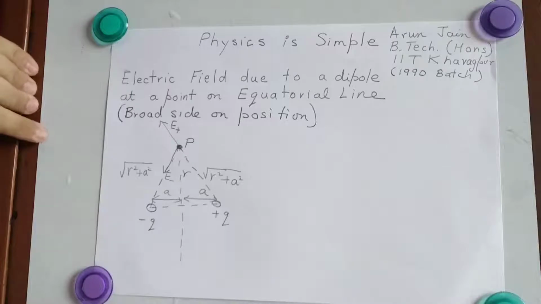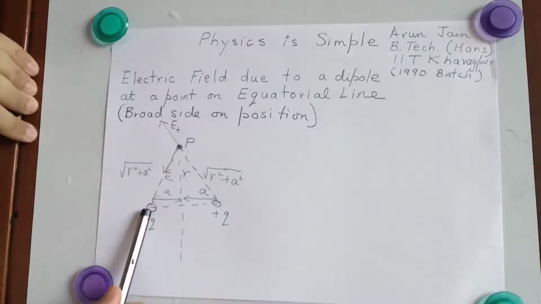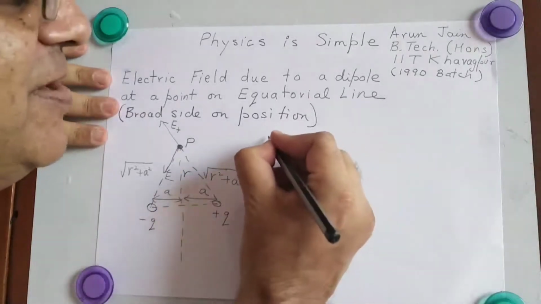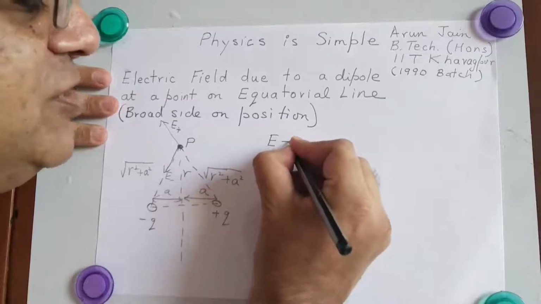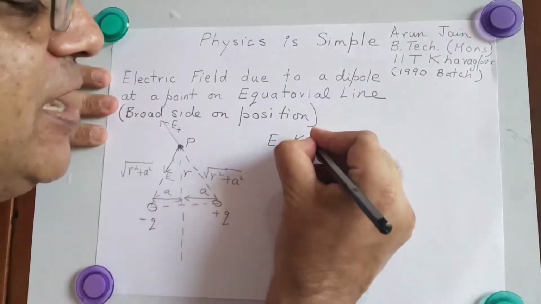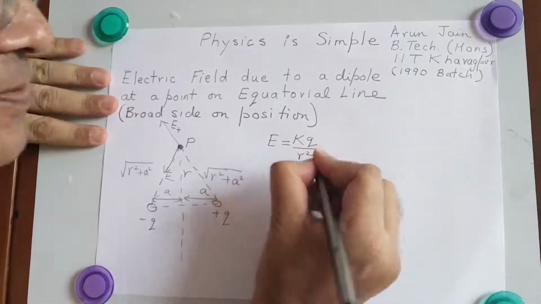Therefore, the magnitude of the electric field due to this charge alone and this charge alone will be same, and that is given by K, which is Coulomb's constant, 1 by 4 pi epsilon naught, into the charge Q divided by distance square.